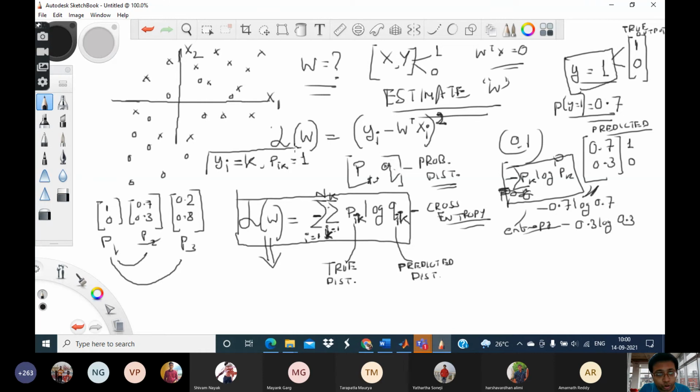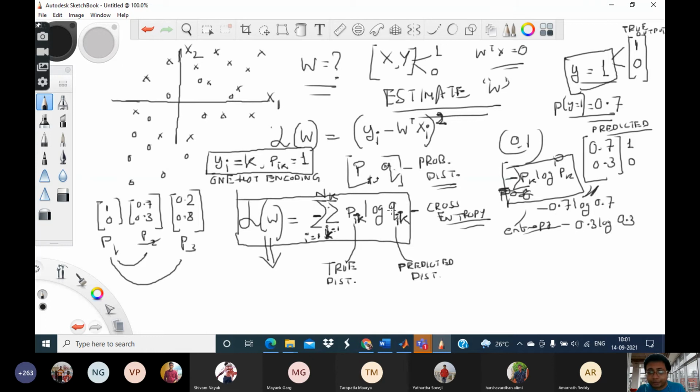This is the rule of one hot encoding. So pik is either 1 or 0, and it comes directly from the data set. It's just a function of y, nothing else.